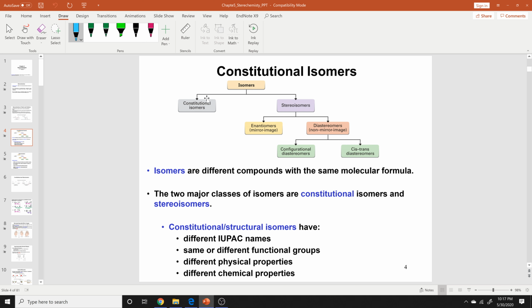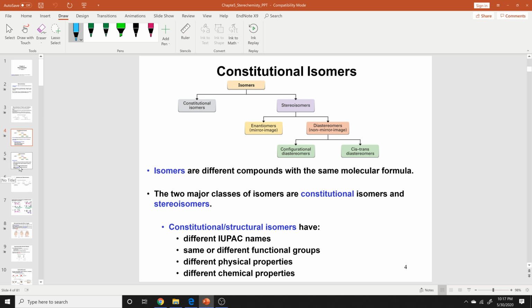So just a quick revision on constitutional isomers. Constitutional isomers are isomers that have the same molecular formula, but they have different connectivity of atoms. This means that constitutional isomers have different IUPAC names, different physical properties, and different chemical properties, but their molecular formulas are the same.